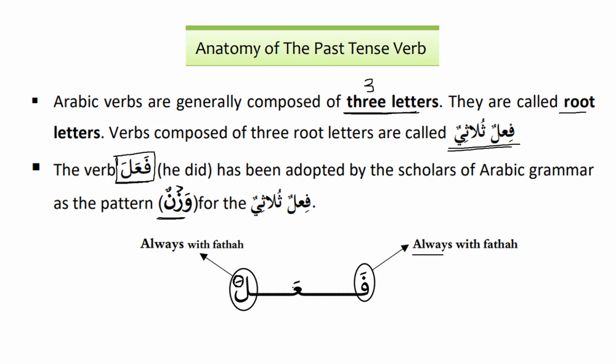However, ainul kalima, the second radical, can have dhamma and can also have kasra. So there are 3 possibilities: the second root letter can have fatha, it can have dhamma, and it can have kasra. So in the past tense, the second root letter will always change, but the first one and the third one will not change. They will be mabniyun ala al-fath.